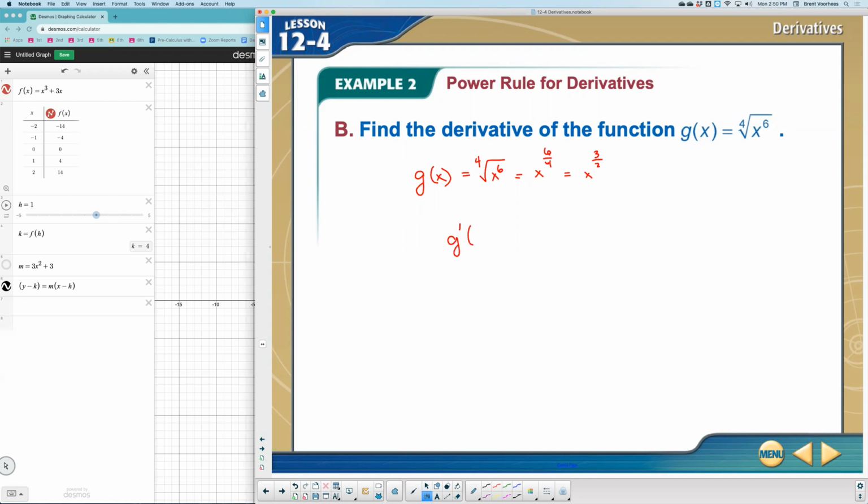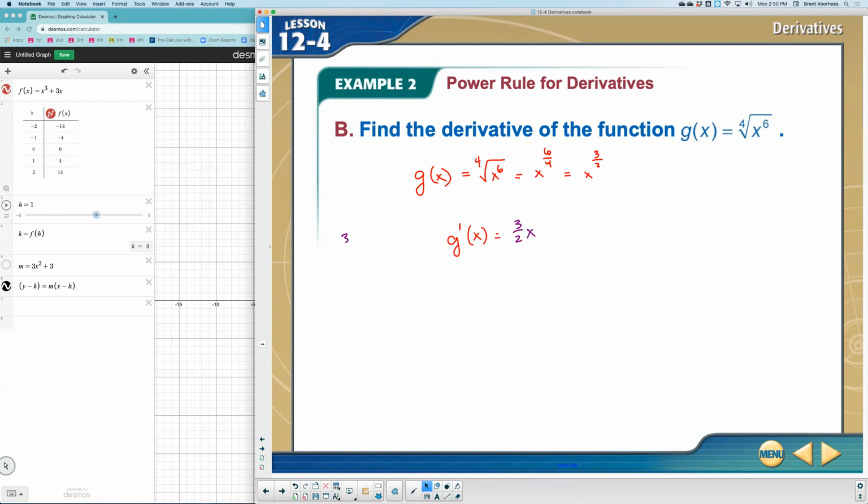G prime, you would take your 3 halves and move it to the front. 3 halves goes up front. And honestly, I shouldn't be writing that up there because it looks like I'm changing the equation g, and I'm not actually changing g here. So it would be 3 halves x, and then you would subtract 1.